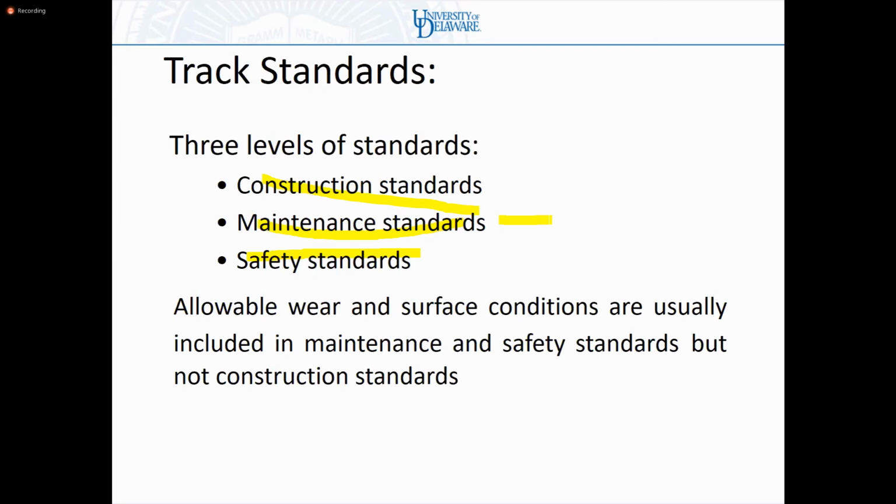Maintenance standards are standards to which you maintain the track. In other words, let's say I built the track with a gauge tolerance of 5 millimeters. But my maintenance standards for the gauge, I allow the gauge to go down to 12 millimeters before I have to start worrying about anything.